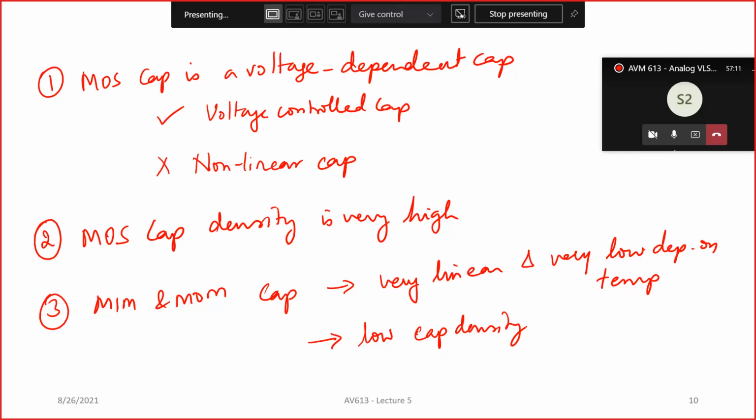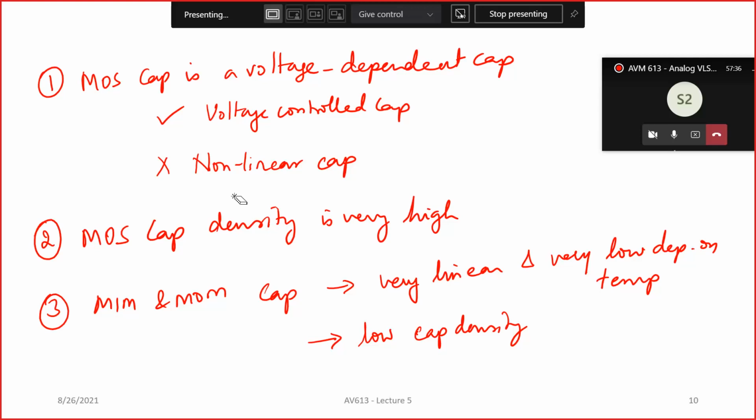So this has a very high cap density. I've already written it here, right? All right. So depending on where you want to use the capacitance, in which scenario is linearity important to you, then you have to use a MIM or a MOM capacitance.